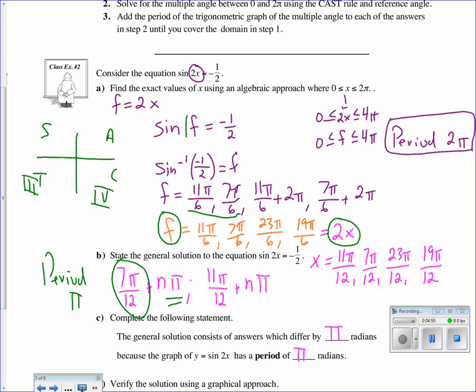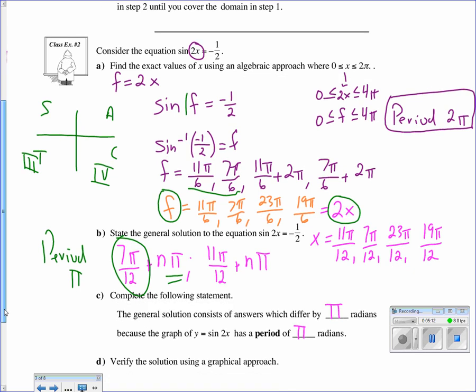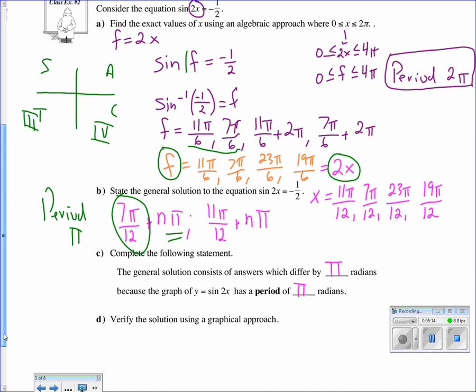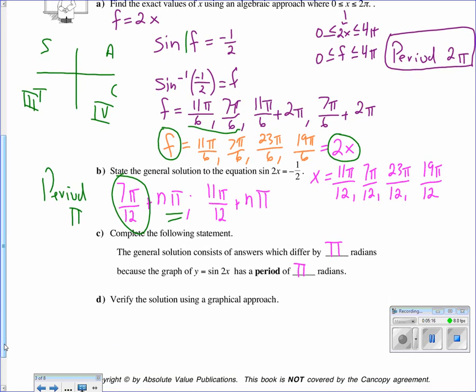So 7 pi over 12 plus n pi will help me generate all the solutions for all the real numbers. And 11 pi over 12 plus n pi will do the same thing. That's because the period is pi and the elements of the general solution differ by multiples of pi. Remember, n is an element of the reals.